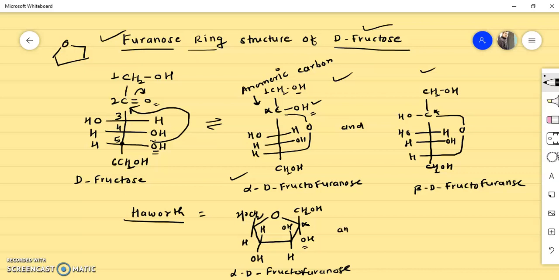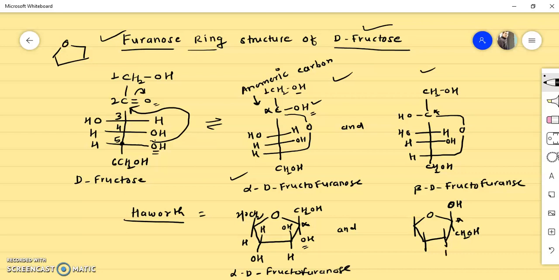Now similarly we can draw the beta anomer in Haworth form. So first thing we have to do is draw the 5-membered oxide ring. So I have drawn here, then I have to draw the bonds in this way. So this will be OH group here, and here will be CH2OH, because this is an anomeric carbon. Then the rest of the groups will be like this.